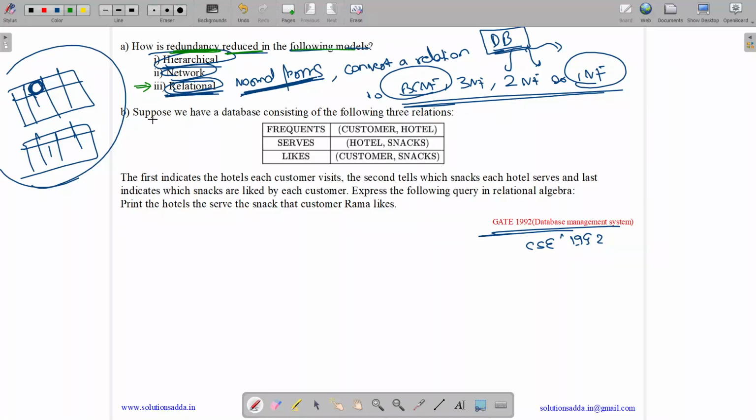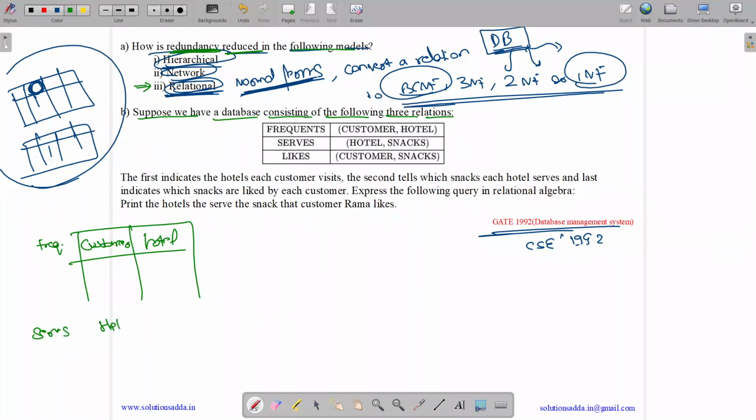Now let us see option B. Suppose you have a database consisting of the following three relations. We have relation frequents, which has fields customer and hotel. We have another, serves, which has fields hotel and snacks. The serves table consists of names of hotels and what snacks they serve.